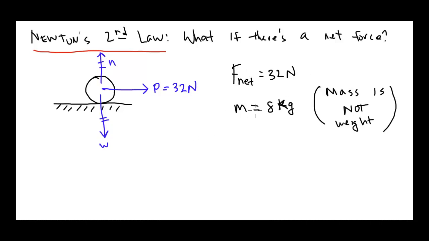Well, Newton's second law is going to come to bear here. And basically, without further ado, let's go into Newton's second law. Newton's second law relates acceleration and force. And basically, the way I'm going to write it is, it says that the acceleration is equal to the force on the object divided by the object's mass. That's Newton's second law.